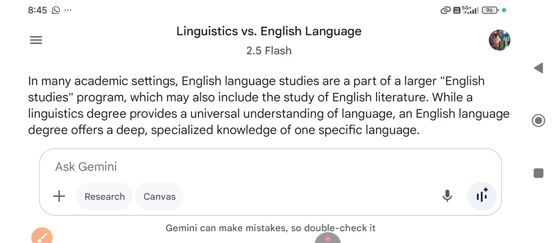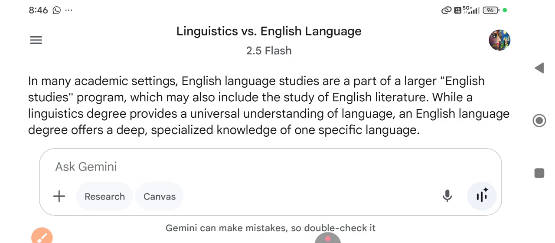So English language goes along with literature, because literature is a very important part of language: proverbs, famous quotations, new words, phrases, dialogues are part of language, because many times we frequently use these as quotations.